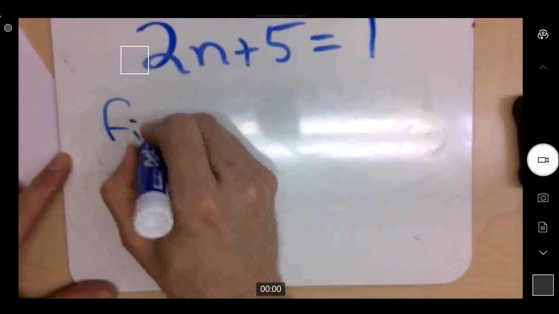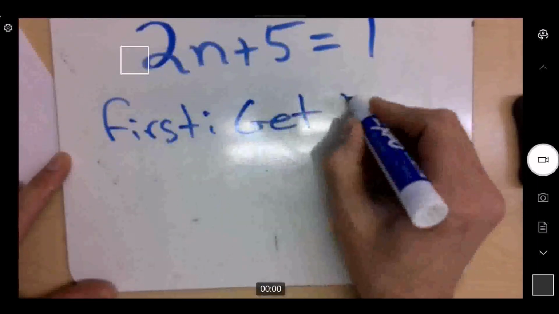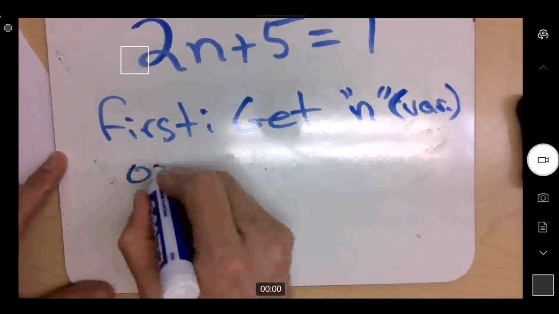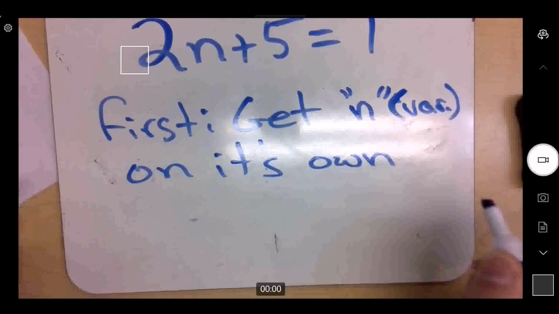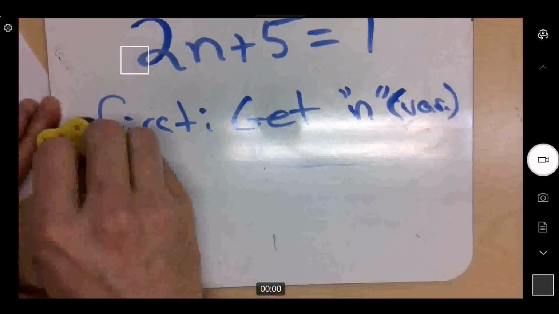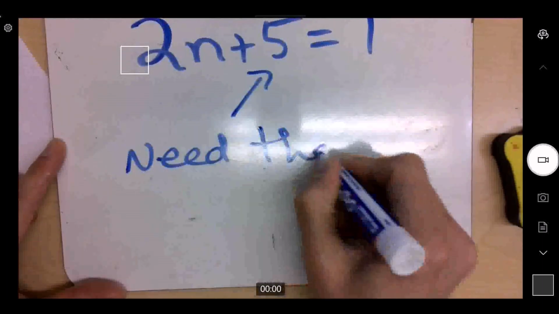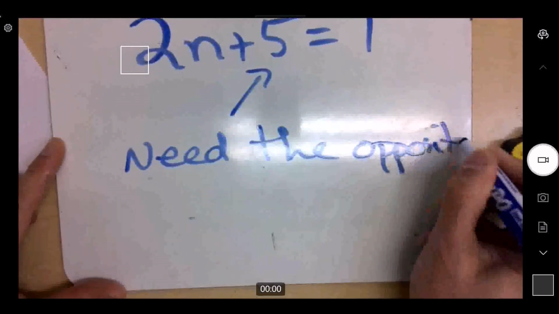So apparently I'm still writing 1 instead of 11. I'll fix that. But first, we need to get that n variable on its own, because once we have it on its own, we'll know what it equals. So we're going to have to get rid of that +5. To do that, we got to figure out what's the opposite of +5.